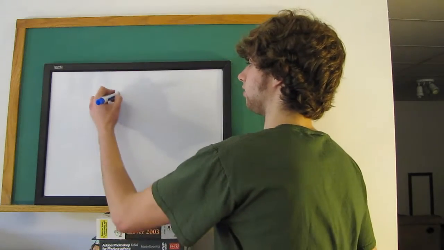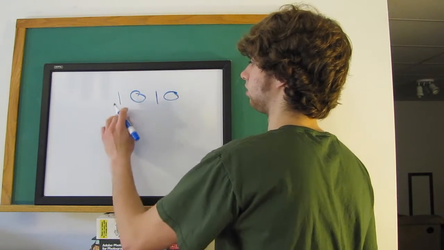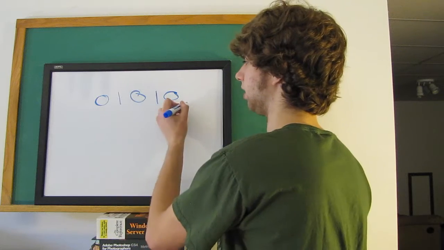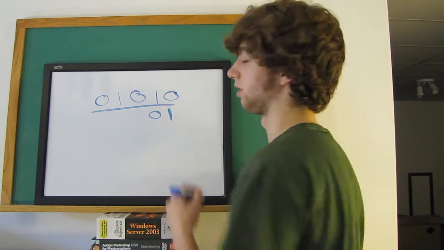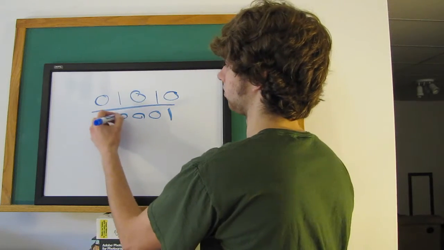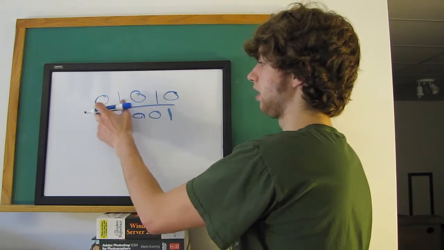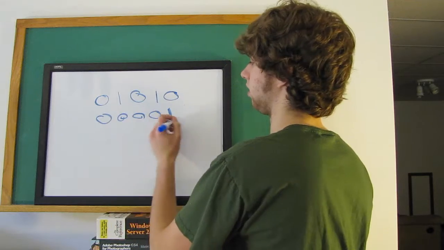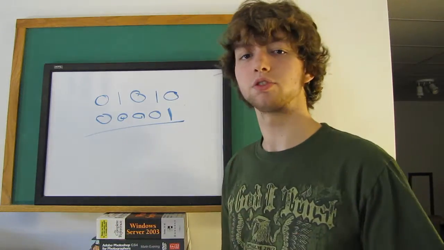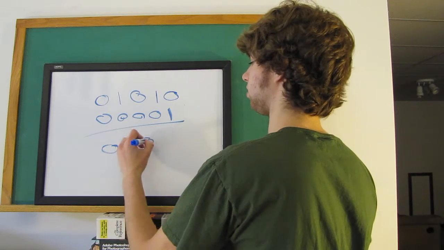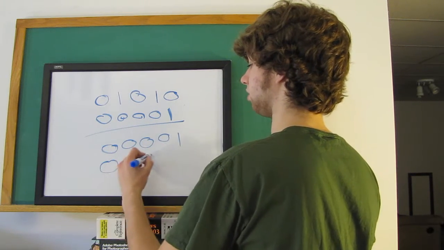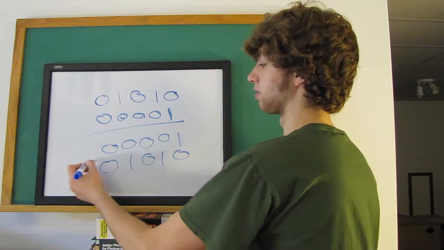So let's say we have this number here, a positive number, and then we have another positive number right there. Or I guess you could say this number is bigger than this number. So we can use subtraction for that. But what if we flip these and put this one on top and this one on bottom, and we wanted to subtract them?